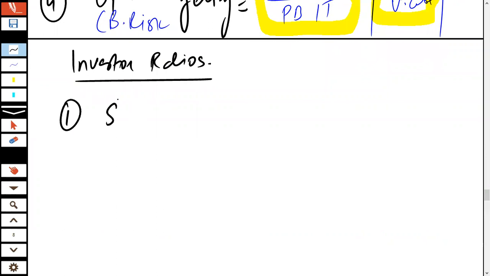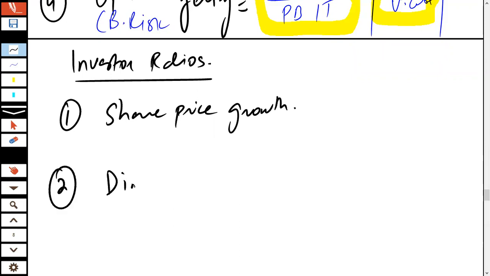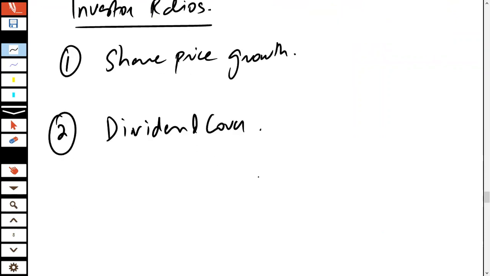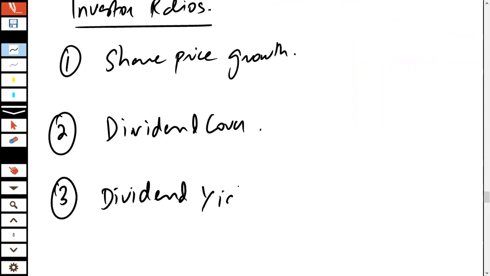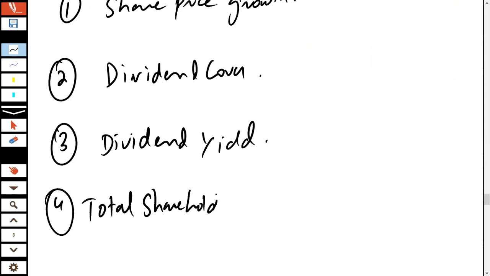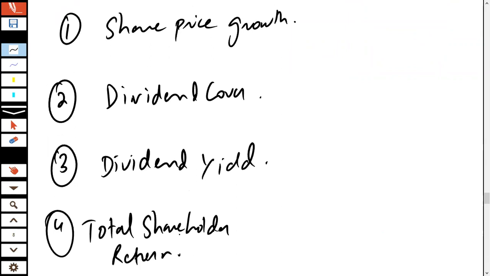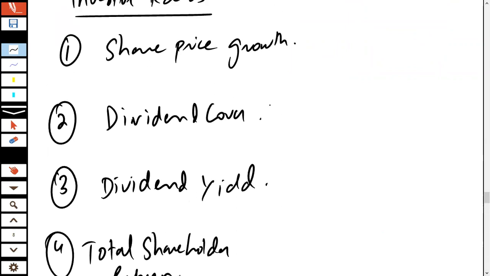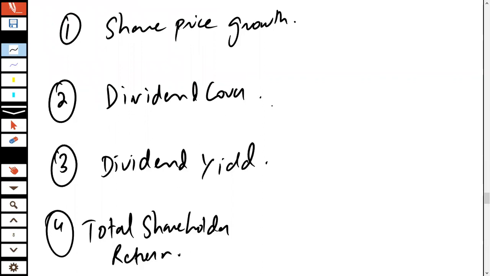First of all is share price growth, dividend cover. The other ratio is called dividend yield. Then you've got total shareholder return. There are many other ratios also, but we're not going to be considering them right now. So can you just write down the formula for them?